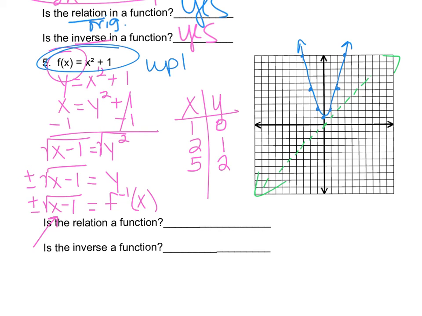So 1, 0, 2, 1, 5, 2. Now, if you remember from yesterday when we were graphing, when you reflect over the line y equals x, that parabola becomes a sideways parabola. So we only have half of this. That is the reason why we need positive and negative in front. So really, when we plug in a 2, we get 1, but we also get -1 because of the negative in front.